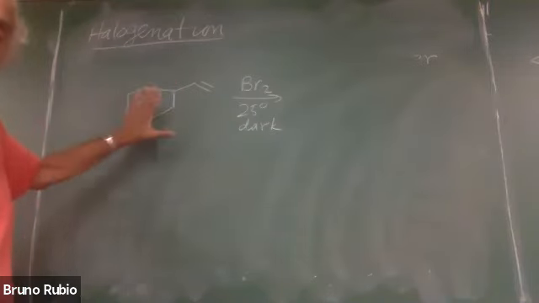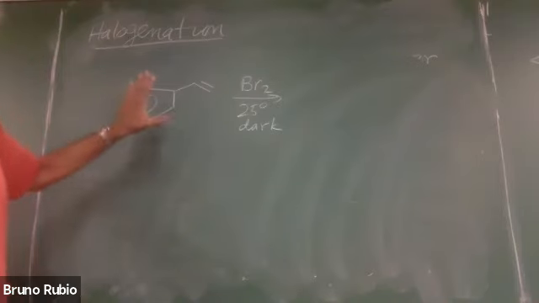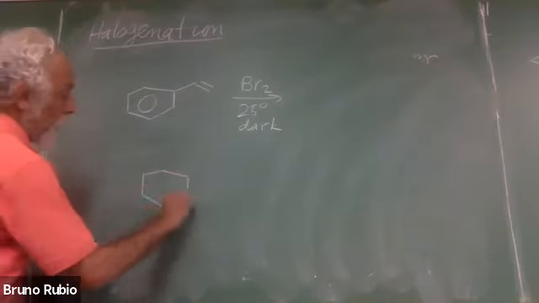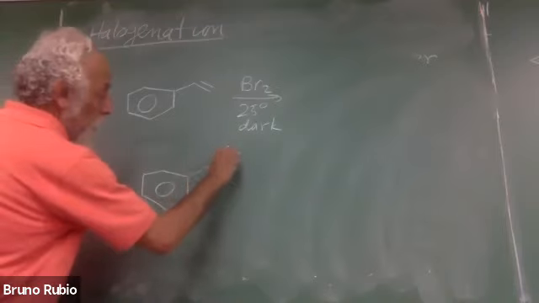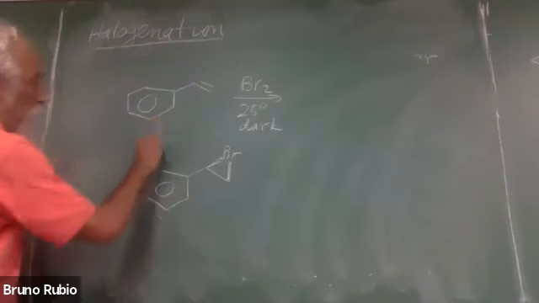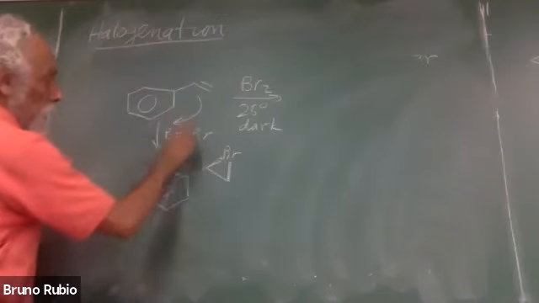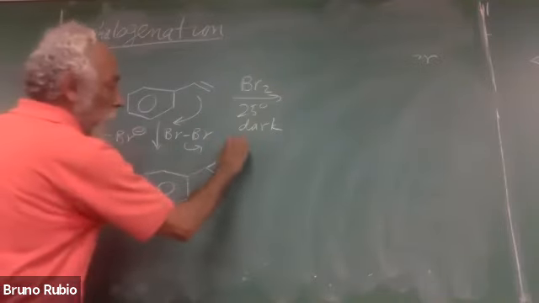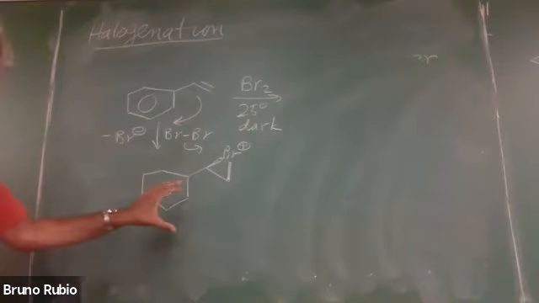So you're going to get approach from both directions with equal probability. All right, so let's write out the possibilities. So Br, so there, that cyclic halonium came in from the front.